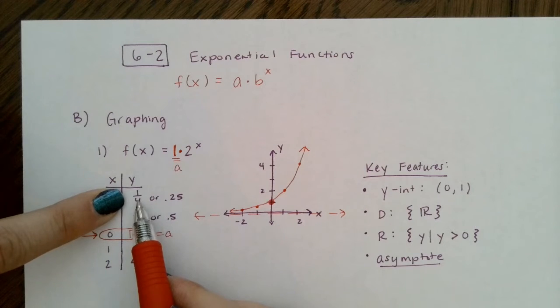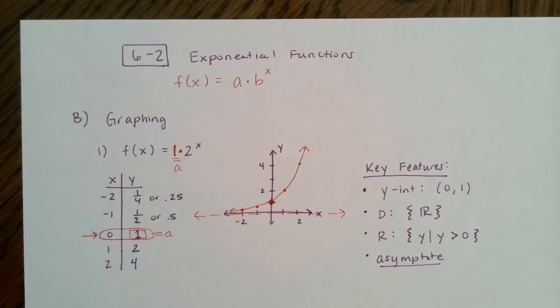And so an asymptote is something we can never cross. Never cross or touch. Our asymptote here would be the x-axis, which has an equation of y equals 0.